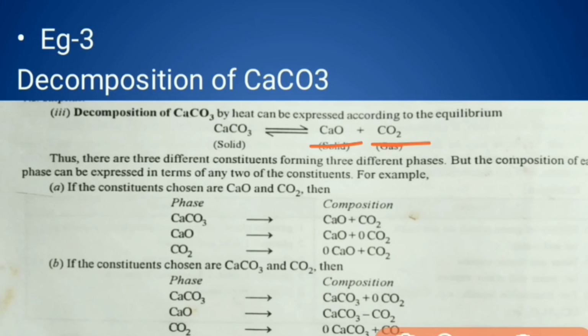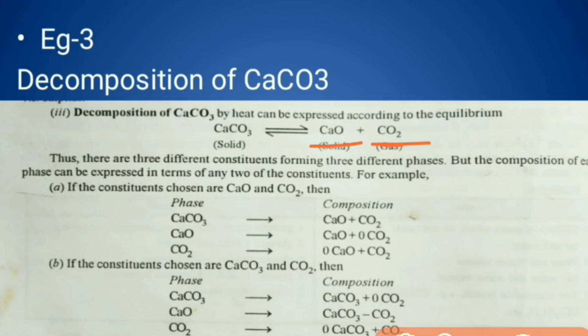CaO is in the solid phase and CO2 is a gas, we know. So we can see there are three constituents in three different phases, right? But the composition of each phase can be expressed in terms of two constituents only, right? For example, if we choose only two constituents from here, that is CaO and CO2, right?